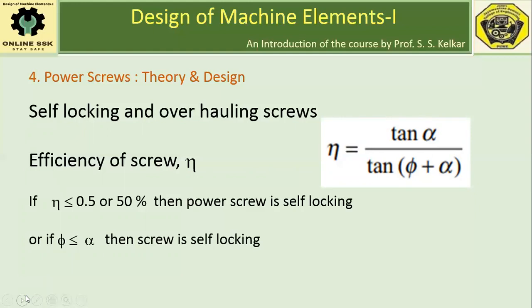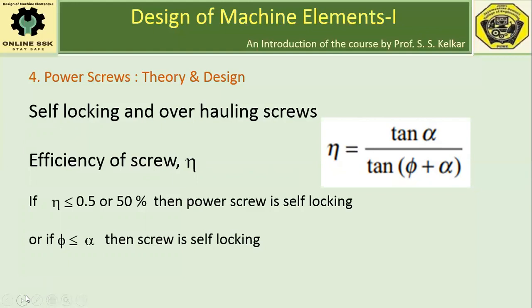For a screw itself, if the friction angle is greater than the lead angle, by mistake I have written smaller than alpha, there should be phi. If phi is greater than alpha, that is the friction angle is greater than the lead angle, then the screw is of self-locking nature.